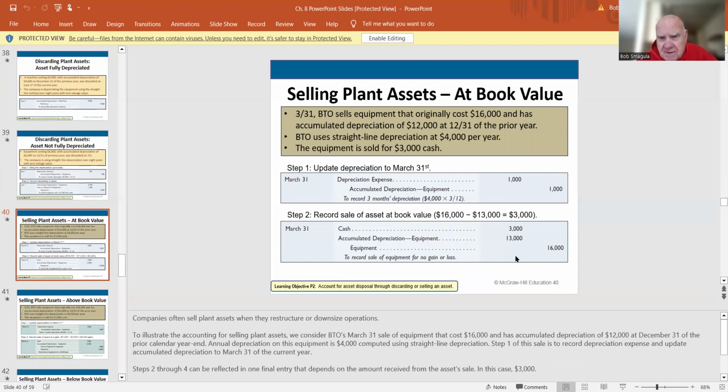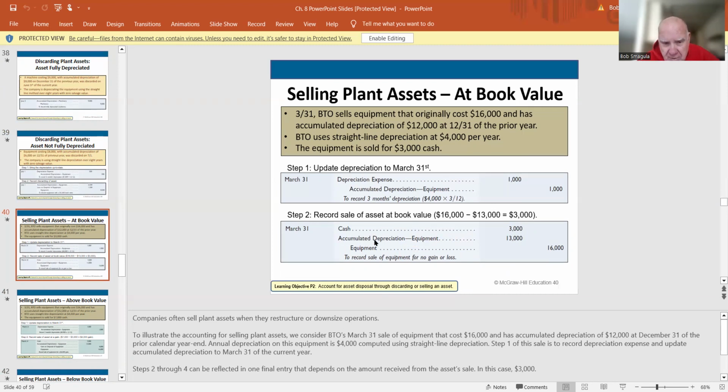BTO sells equipment that originally cost 16 and has accumulated depreciation of 4 at the end of the year. They use straight line depreciation of $4,000 a year. So again, I'd like you to think of these two entries as just one journal entry, to be honest with you.